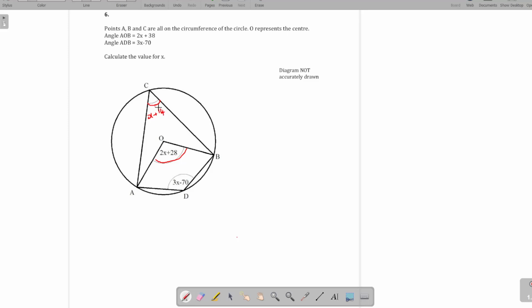Then we know the opposite angles add up to 180. So let's write that. Angle ACB is equal to half of 2x plus 28, because the angle at the center is twice the size of the angle at the circumference.